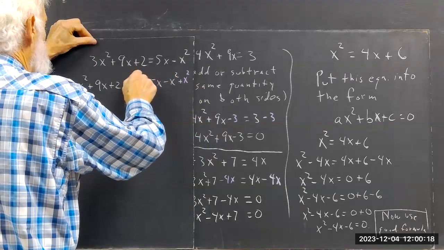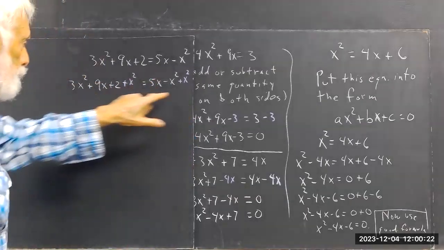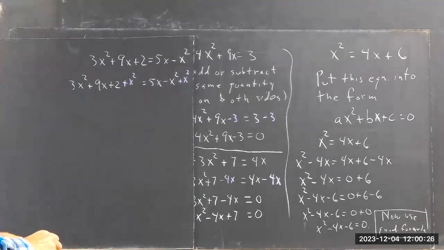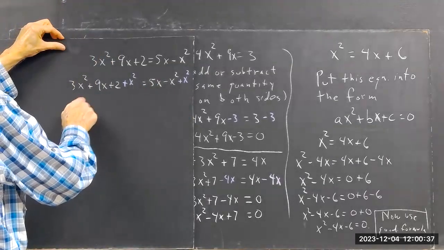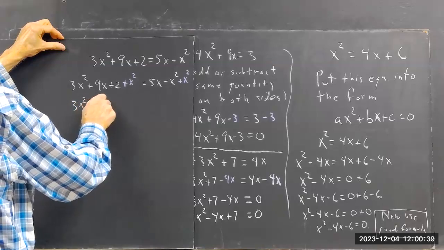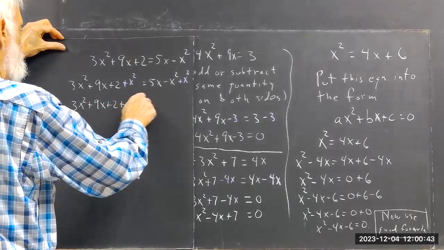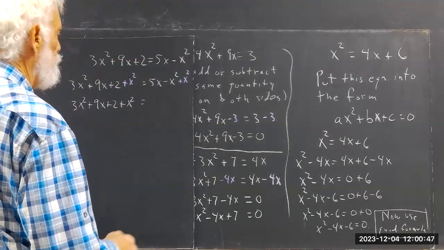But of course, if the last thing you have is what you're doing to both sides, you're going to be able to see it anyway. So don't require that, but there it is. Okay. And then minus x squared plus x squared is 0.